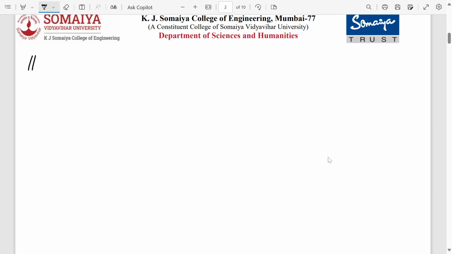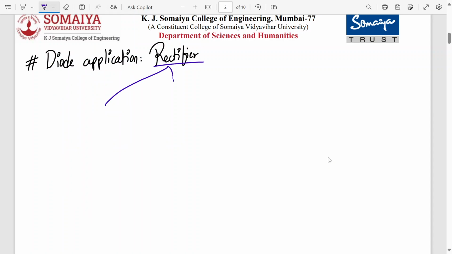So write down diode application, rectifiers. As I've already informed you all, we have three types of rectifiers. You know all the three types now. Half wave rectifier, I am writing in short form.